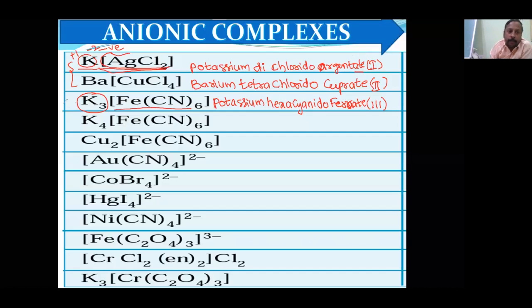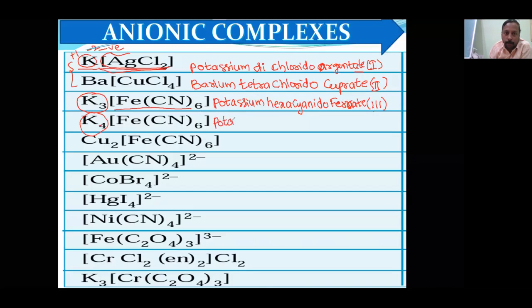Here let it be the number of potassium 4, or the number of potassium 3, outside the bracket. You need not write anything. Automatically it will be reflected in the oxidation number. So here 4 potassium, still I will write potassium. Here 3 potassium, still I will write potassium only.